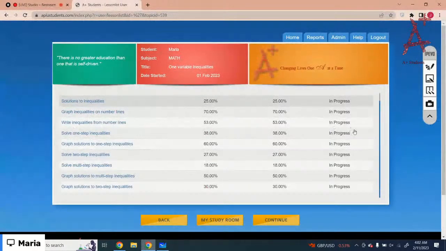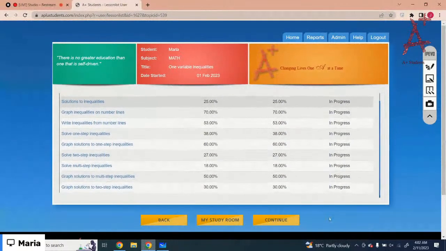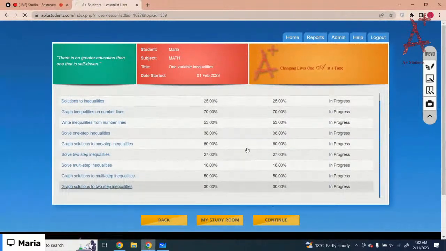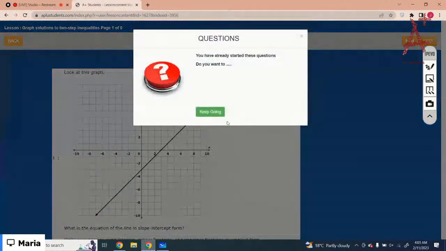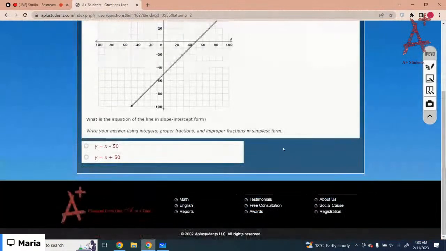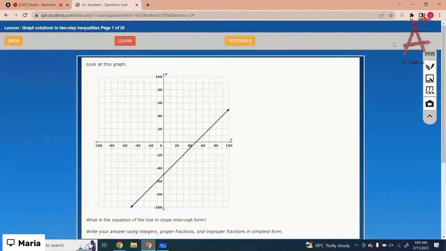Okay, here I am on the chapter 1 variable inequalities, but I don't have the final test here. Let me see what I can do.